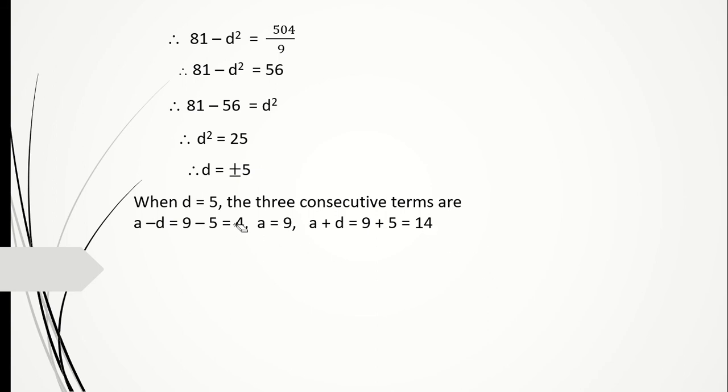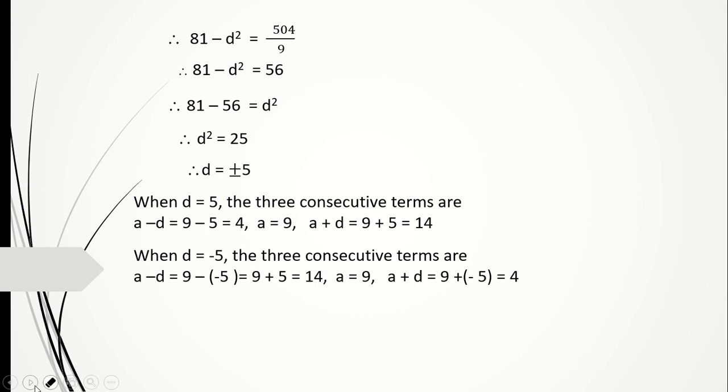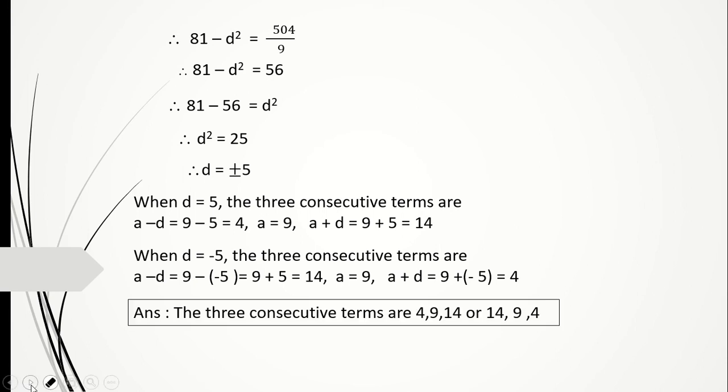The values will be 4, 9 and 14. Now when we take minus 5, the same values come but in reverse order, 14, 9, 4. When D is minus 5, 9 minus minus 5, minus minus becomes plus, so that is 14, 9 and 4. Okay, let's move on to the next sum. The three consecutive terms are this or that. The terms are actually the same.